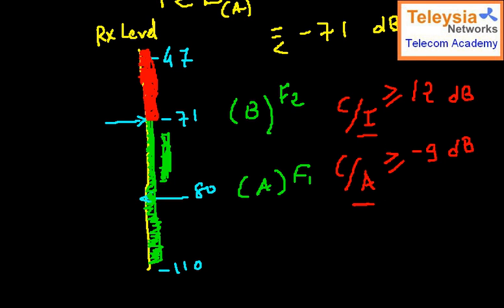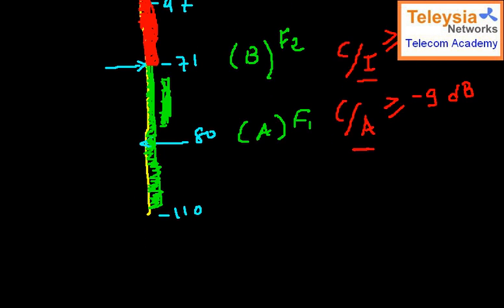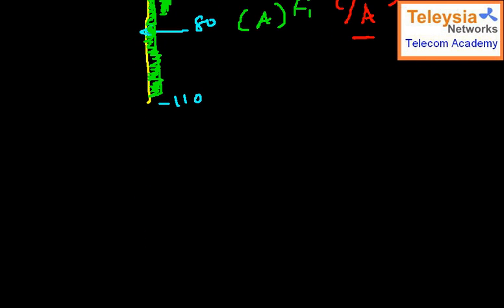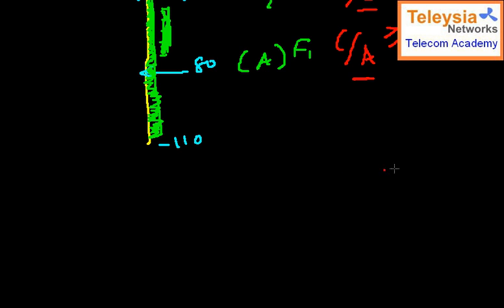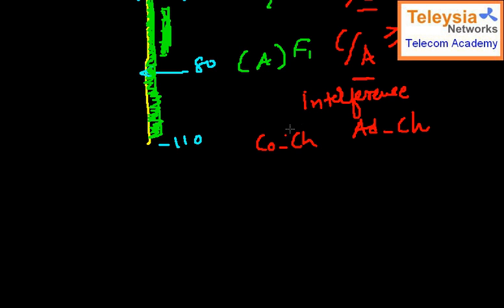By understanding co-channel and adjacent channel, this is the entire activity you need to do in optimization: to manage co-channel and adjacent channel interference in GSM.